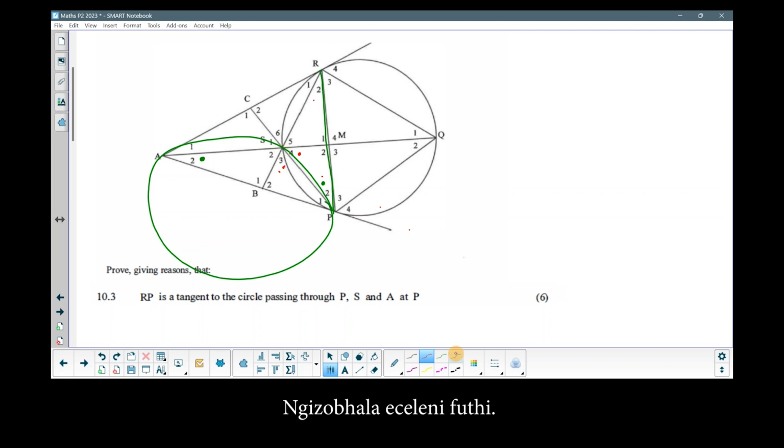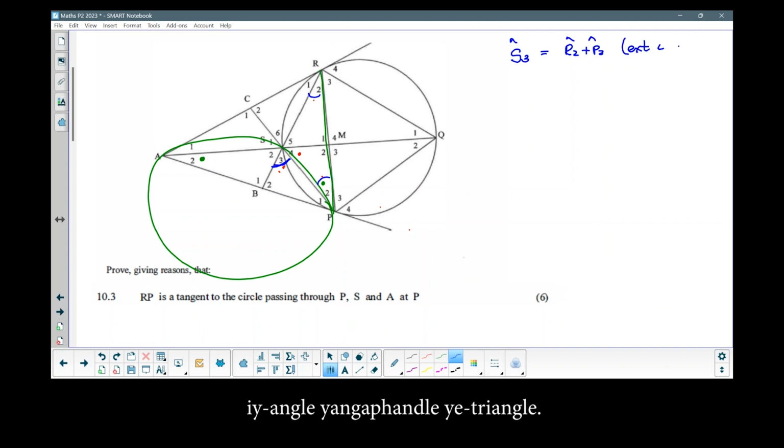I'm going to write on the side again. So the first thing I want to say is that angle S3, which is angle S3 here, is equal to R2 plus P2. And that's because it's an exterior angle of a triangle.